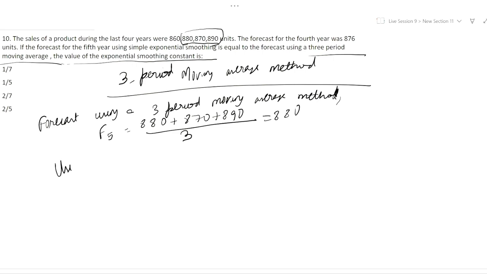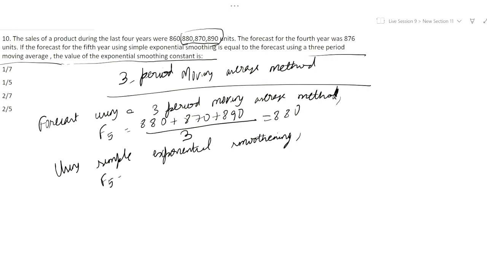So now, using simple exponential smoothing, F5 is equal to F4 plus alpha times D4 minus F4.